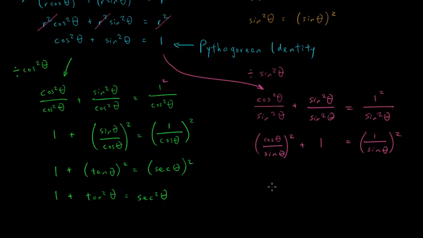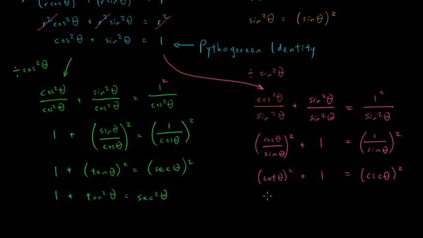Cosine theta over sine theta is the reciprocal of tan theta. That's cotangent theta. Cotangent theta squared plus 1. And this is going to be the reciprocal of sine theta, so that's cosecant theta. Cosecant theta squared.